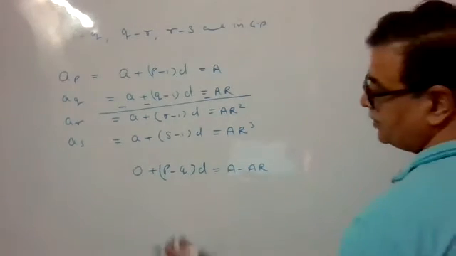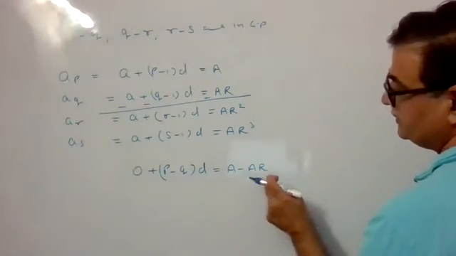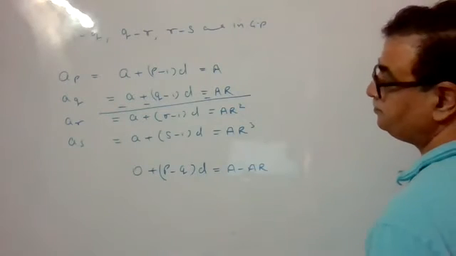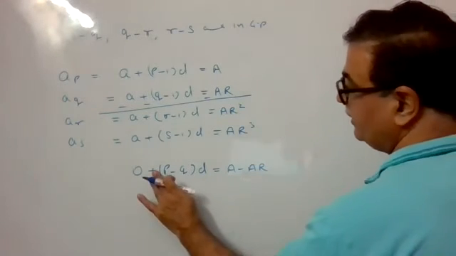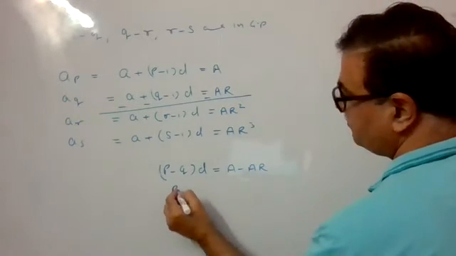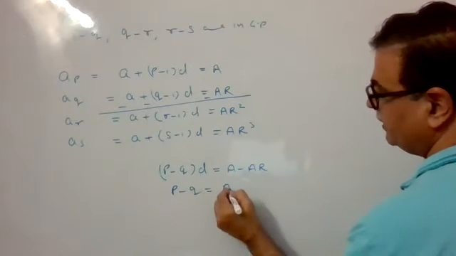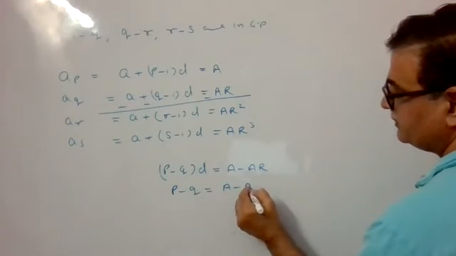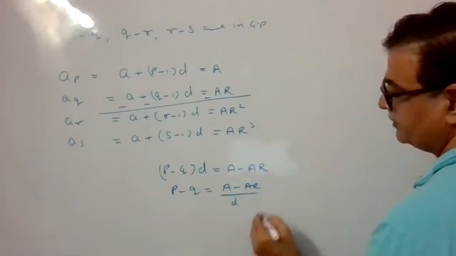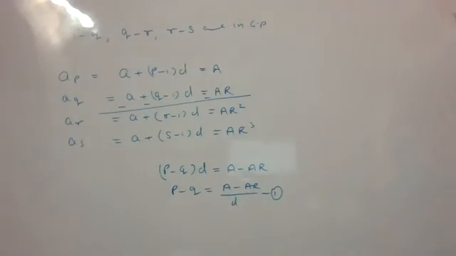Is it right? So I got it, P minus Q into D is A minus AR. Then P minus Q will be (A minus AR) by D. This is the first equation.